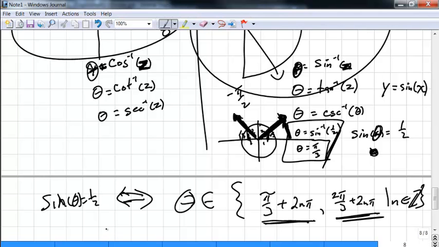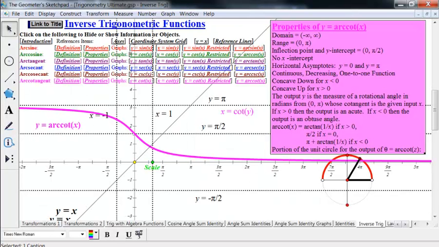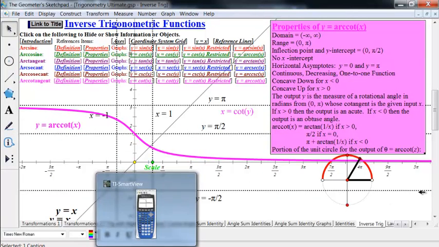But only one of them, if I said theta equals inverse sine of 1/2, that's very specifically just pi over 3 only. Only that one particular one. Okay, so I think that gives us a basic introduction to the inverse trigonometric functions.